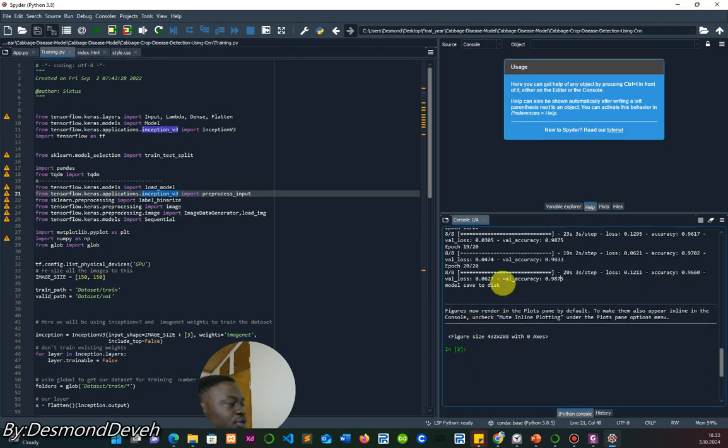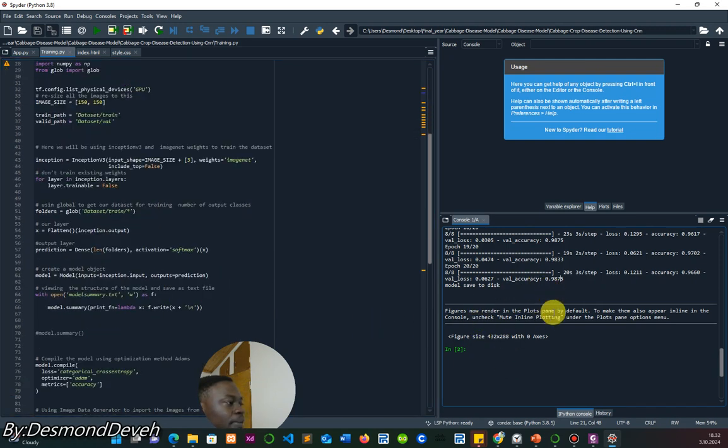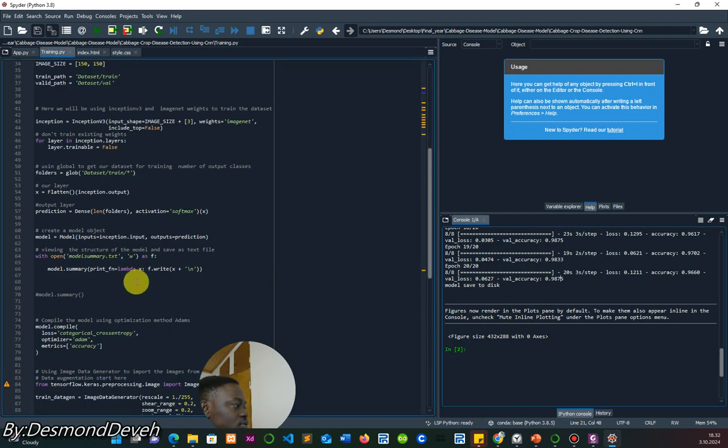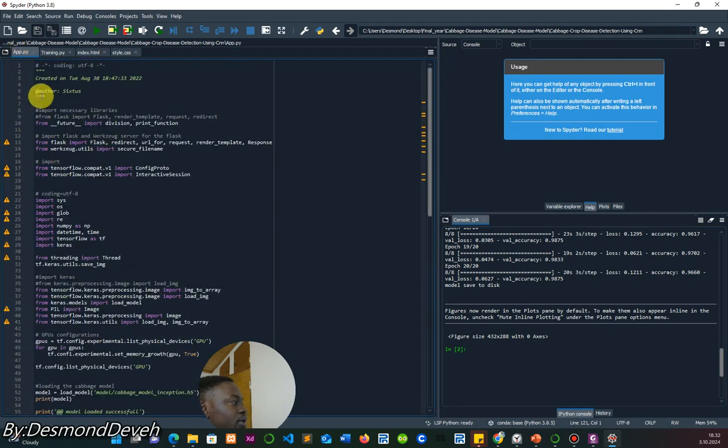so for me to use this system, now this is the algorithm and everything is working fine, but there has to be an interface for this. So the interface is where I came up with this app. So this app is where my interface will be based on, and for you to run interfaces, you need to add HTML and CSS, and also Flask.